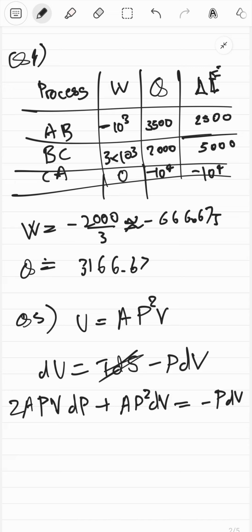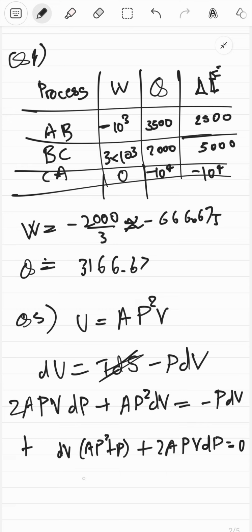Cool. So from here just integrate. This goes over there, so just get plus, so the dV terms: dV times (A P squared plus P), and then plus 2APV dP is equal to 0. So just put this over there and this over there, so this cancels, it just becomes AP plus 1.